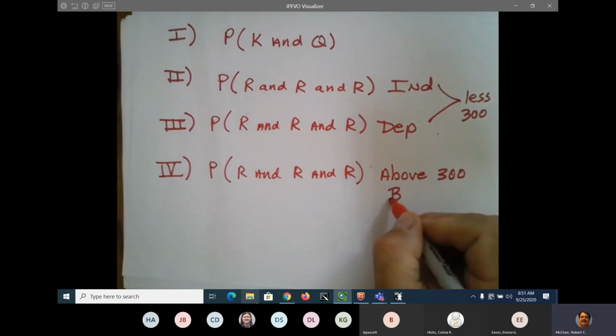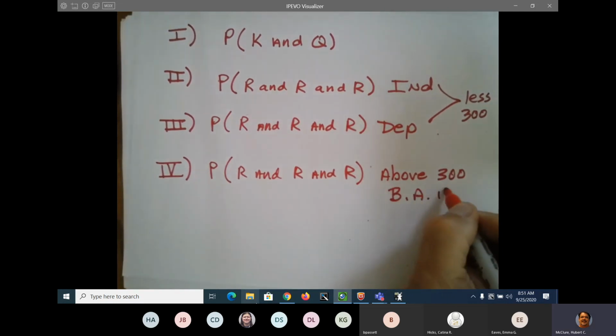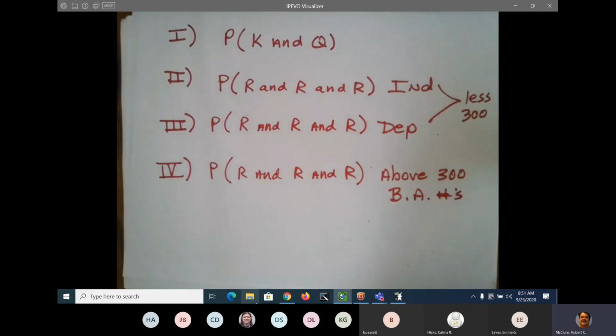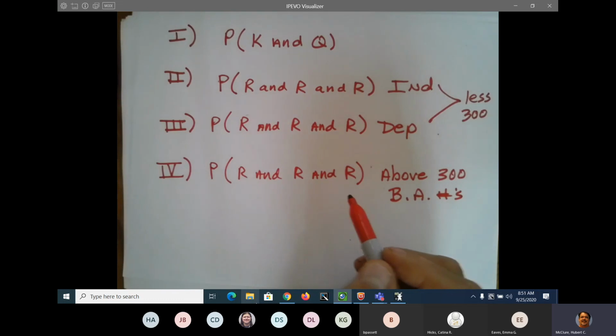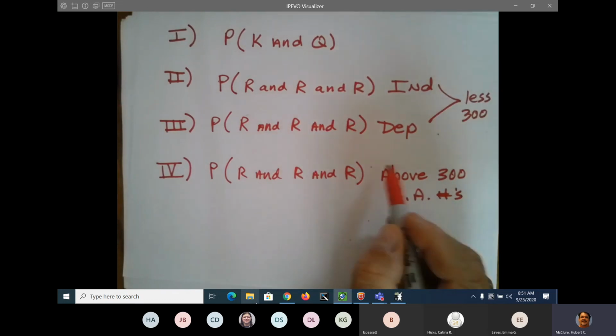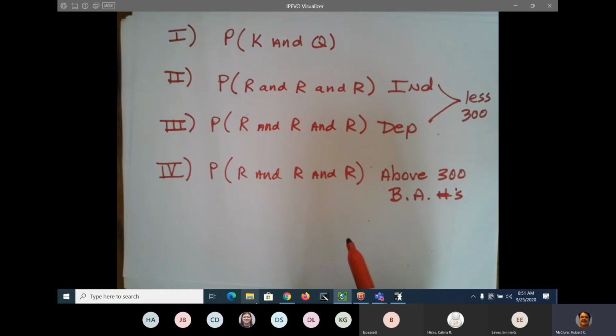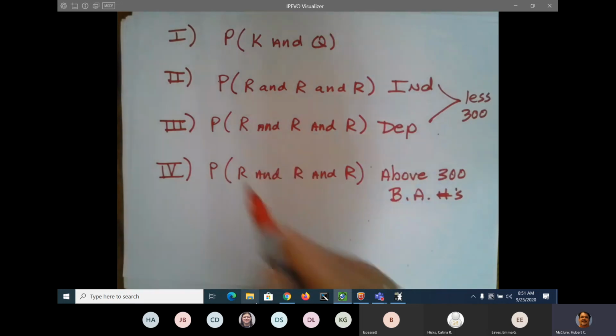It may tell you independent or dependent, but since the numbers are above 300, it really don't matter which method you use. So those are the 4 types of questions that you will see in the homework and the test.